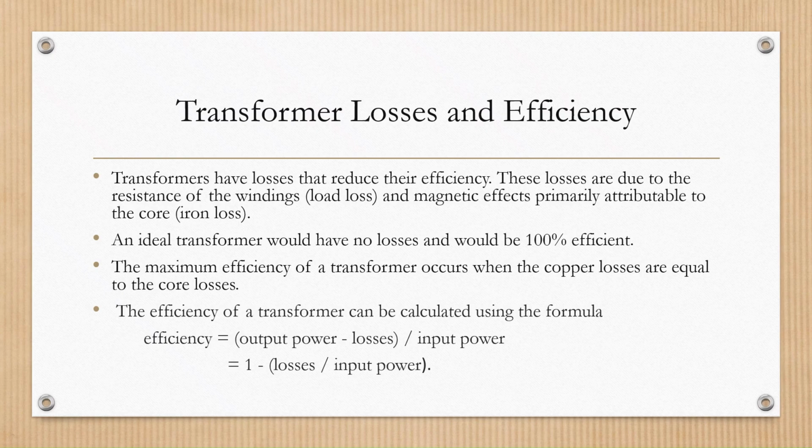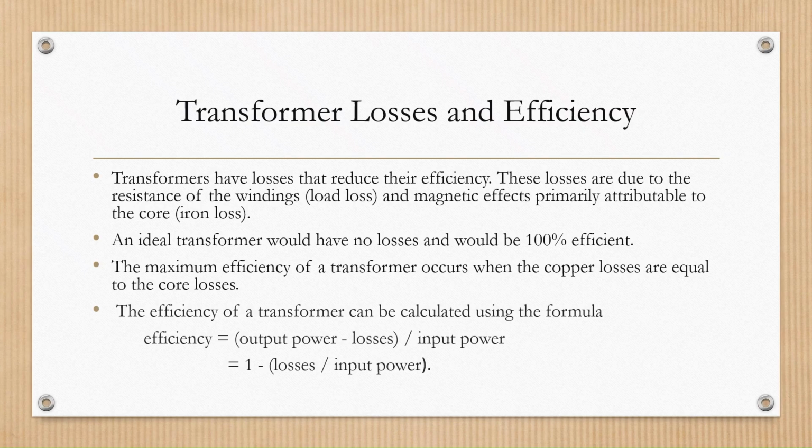The maximum efficiency of a transformer occurs when the copper losses are equal to the core losses. The efficiency of a transformer can be calculated using the formula: Efficiency equals output power over input power, equals input power minus losses over input power, equals 1 minus losses over input power.